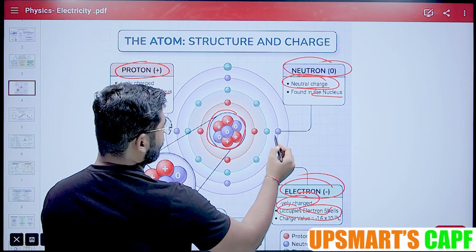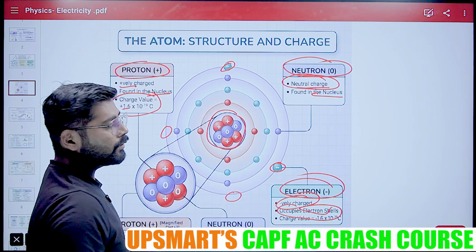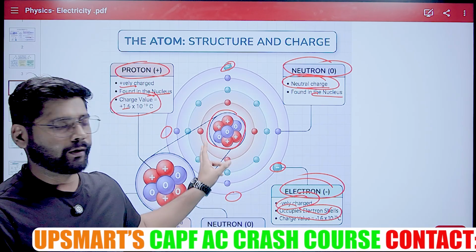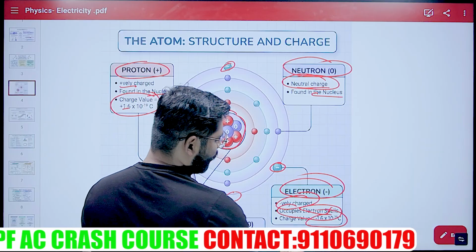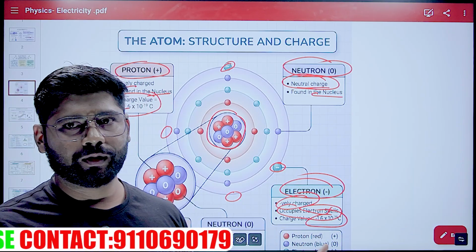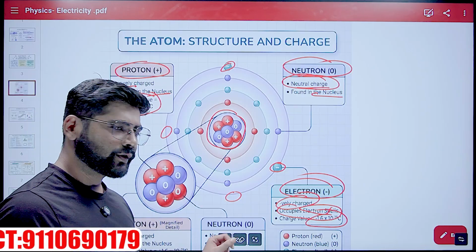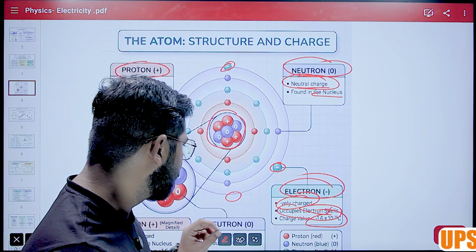The charge value is the same magnitude as that of the proton. Proton has positive 1.6 × 10^-19, but electron has minus 1.6 × 10^-19. That is the difference.